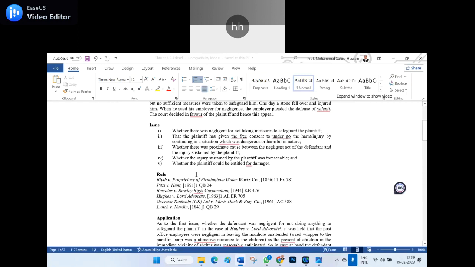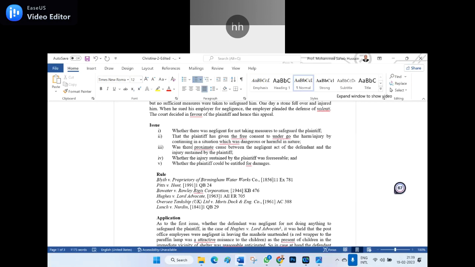And again, instead of writing that, I removed it. Was there a proximate cause? I don't want to write whether every time, because it is not good style.